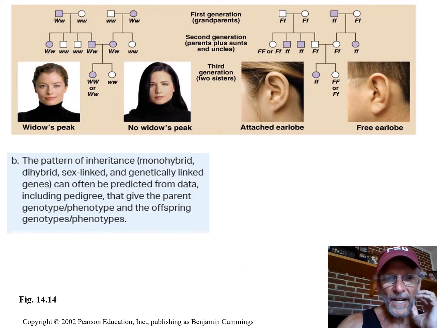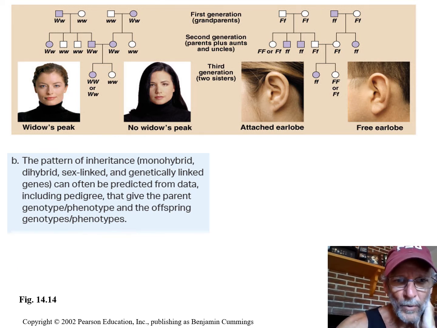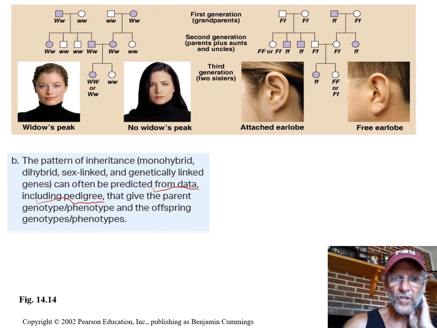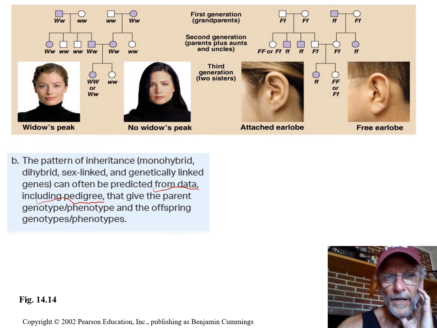So here they say that patterns of inheritance, we might tell you a story. We might give you data, like these two parents had this many kids of this kind, or we might give you a pedigree. So they expect you to be able to take a pedigree like this and say whether or not this trait is dominant or this trait is recessive.